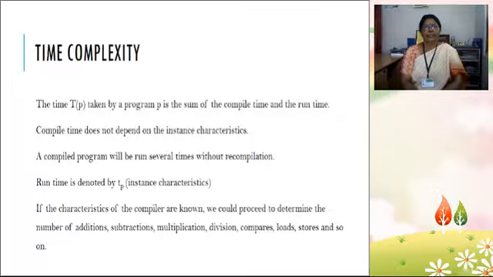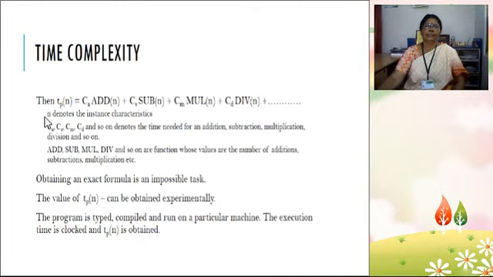The runtime is denoted by, let us assume, TP. That depends on the instance characteristics. If the characteristics of the compiler are known, we could determine the number of additions, subtractions, multiplications, etc., and the time taken for one addition. In that case, you can compute the time complexity by adding the number of additions in the algorithm multiplied by the time taken for one addition.